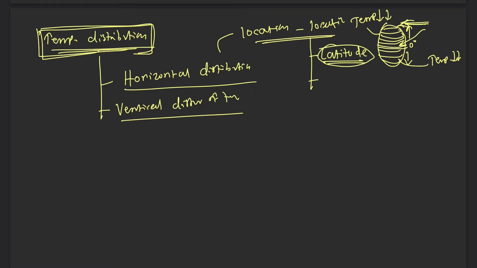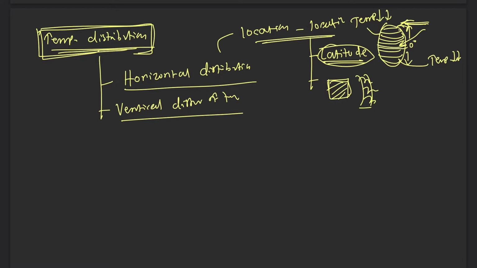Then what are the other things affecting horizontal temperature variation? If there is a land mass and water bodies, or a place surrounded by a water body, what happens? Here also temperature differs.